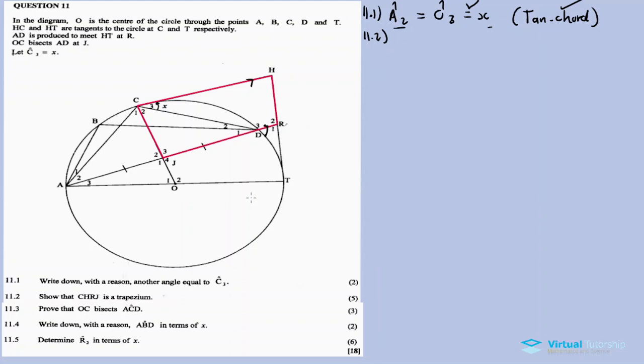They can be parallel if and only if we can show that these angles are supplementary. If they are supplementary, meaning co-interior angles, or these two angles, if they add up to give us 180 degrees, that will confirm that these lines are parallel and these angles are co-interior angles, right?